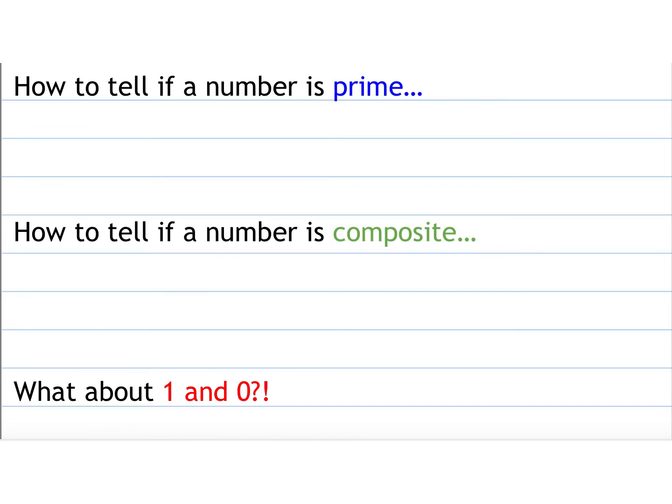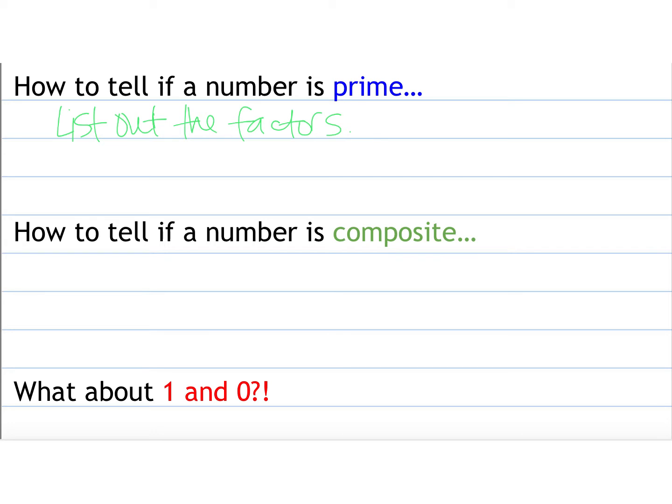So how do we tell if a number is prime? Well, we take the number and we think about its factors. If there are no numbers that the number can be divided by to get a whole number, or if there's no other factors besides 1 and itself, then it's prime. So what we would do is list out the factors and go from there.